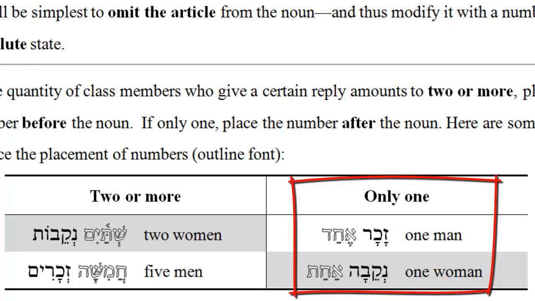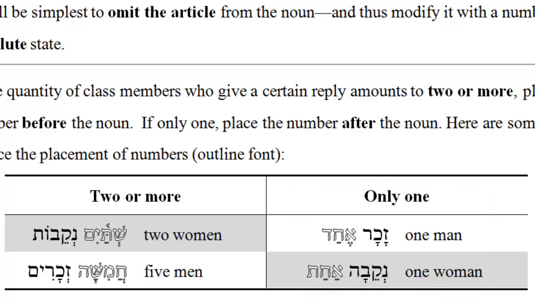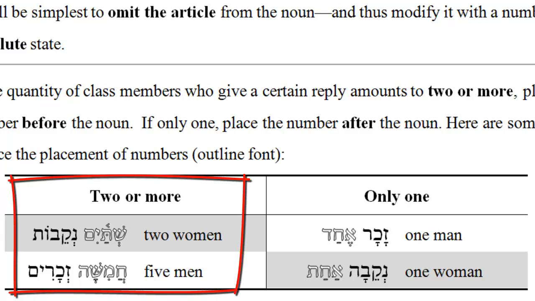If one female, then nekeva achat. If there are two or more, refer to the column on the left. Exactly two women, for example, would be written as shtayim nekevot. If exactly five men, then chamisha zecharim.